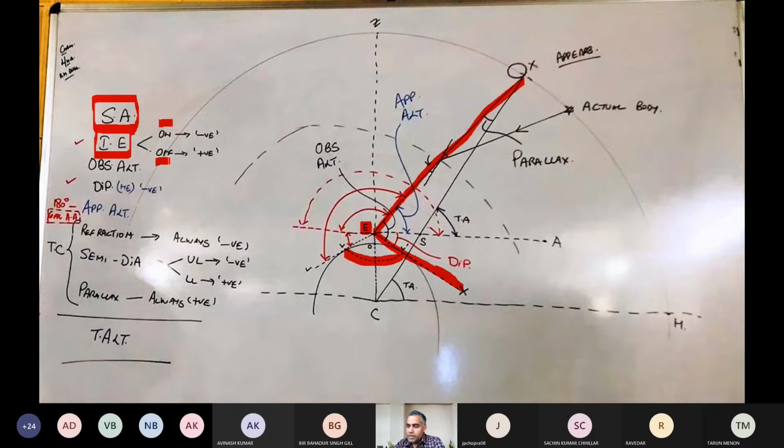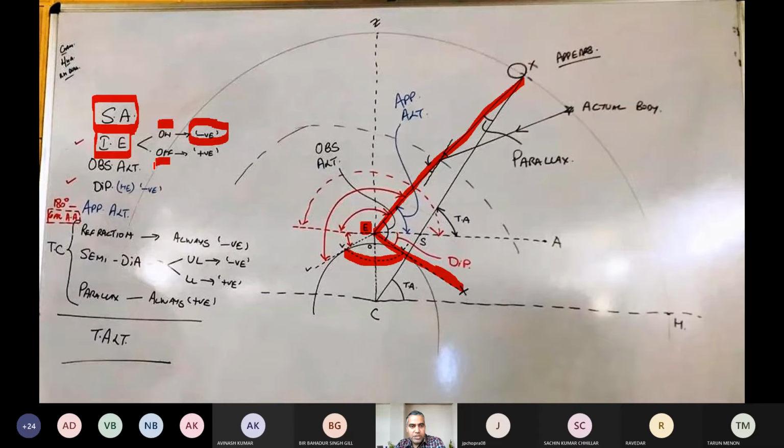Now, how do you apply it? Very simple technique. Remember this trick: consider the index error as a switch. If it is on, you put it off, and if it is off, you put it on. What do I mean by this? If the index error is on, you put it off. Off means negative or minus.